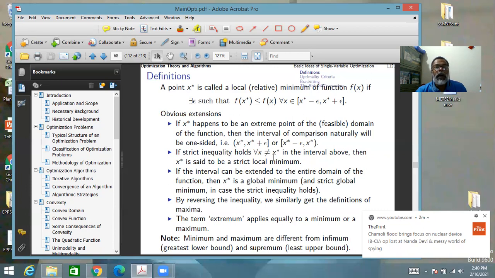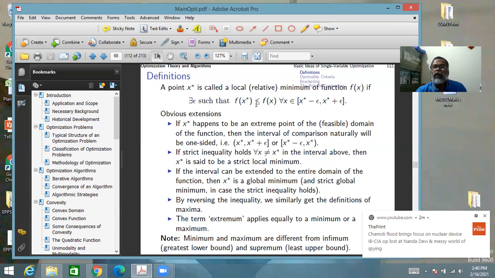Now, all these definitions will work exactly the same if you reverse the inequality and make it maximum. So whatever holds for minimum, similar things will hold for maximum with the inequality reversed.